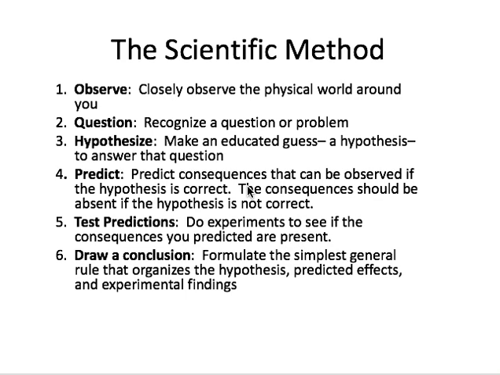And there's plenty of research out there that has been debunked, and there's plenty of research that stands on its own as good scientific experimentation. And the conclusions, it's kind of the last thing you formulate: a general rule that organizes the hypothesis, predicted effects, and experimental findings.